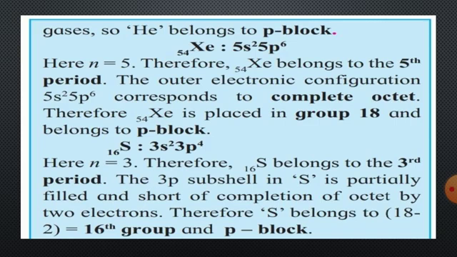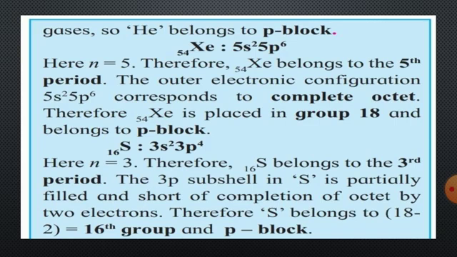You see here students, the 3p subshell is partially filled and short of completion of octet by 2 electrons. It has not been completely filled, and it is lacking 2 electrons for the completion of octet.